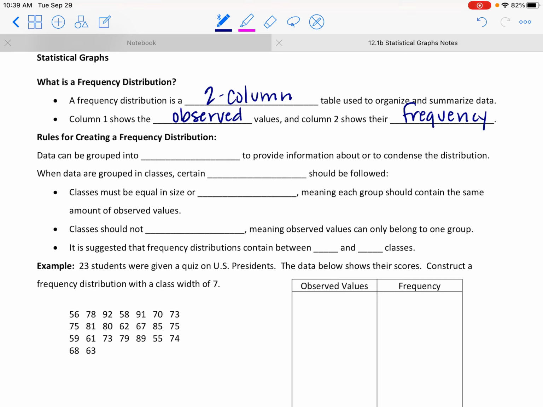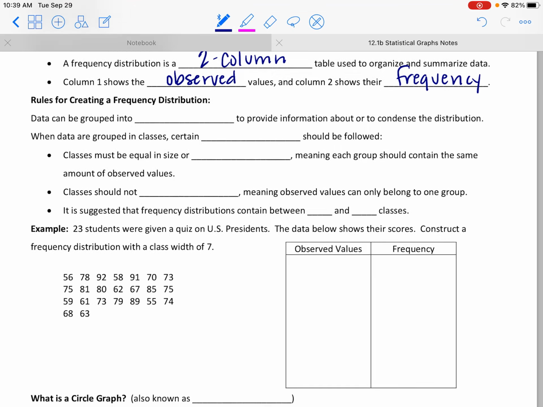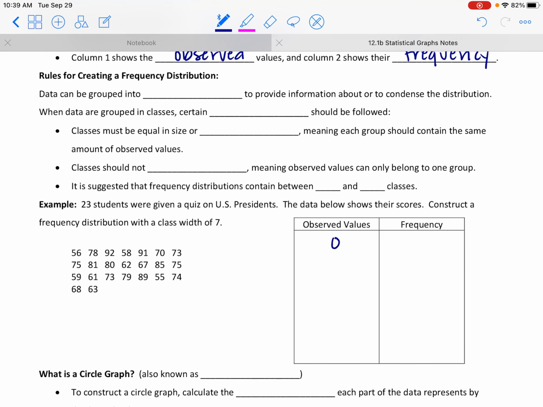If, for example, I was making a frequency distribution based off of, let's say, quiz scores, there's going to be quiz scores ranging anywhere from 0 to 100%. I don't know that I want to make a two-column table that starts at 0 and then goes all the way to 100. That's a lot of different observed values to make in a list, and it doesn't really help us organize the data. So we might want to group the numbers.